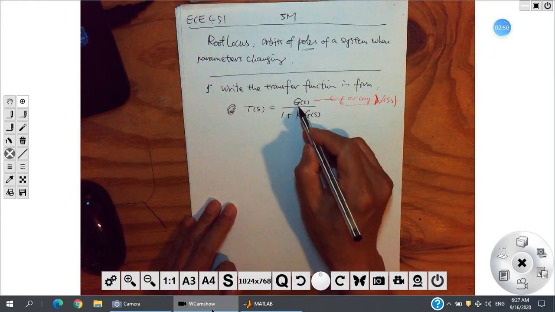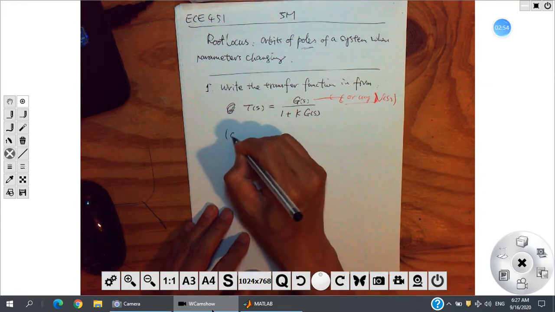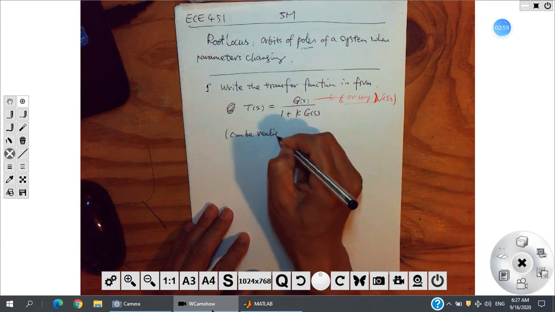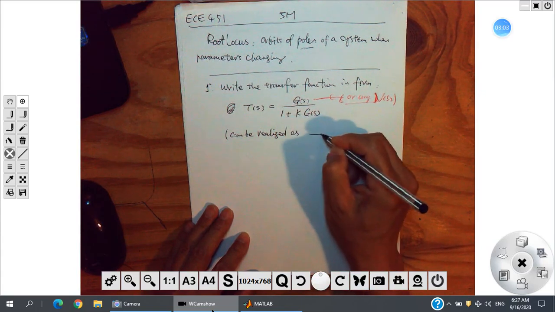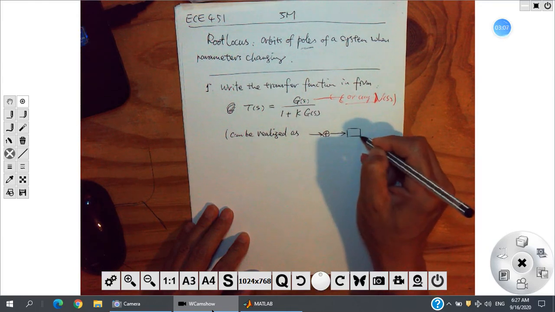So we put this for convenience. Why do we use this form? This form can be realized as a feedback system.